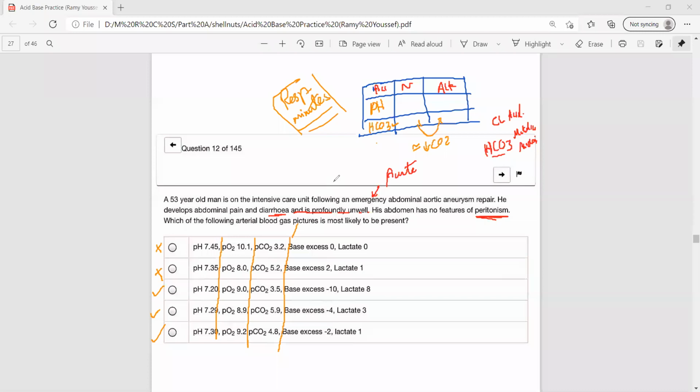What do you expect? So CO2 can be normal, between 4 and 6, or high or low. So anything under 6, really, we can keep. So we can actually keep all three of them.